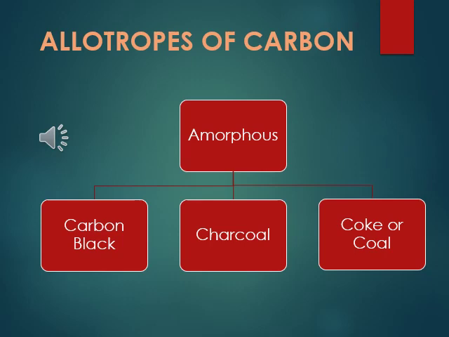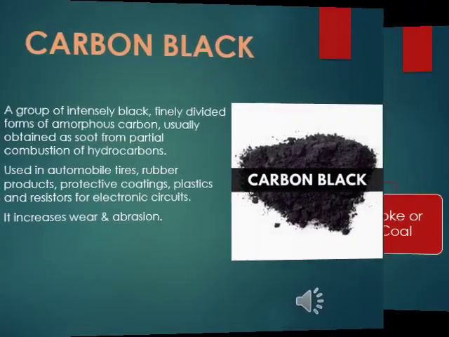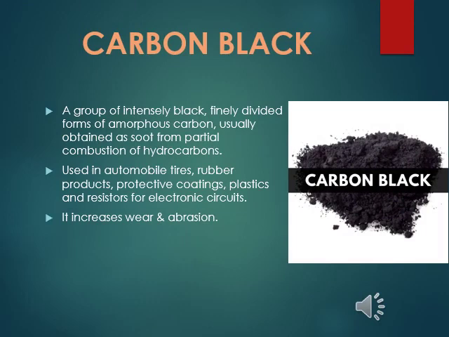After the crystalline ones, now we will learn about the amorphous forms of carbon. In the amorphous forms, we have carbon black, charcoal, and coke or coal. First we have carbon black, which is an amorphous form. So what is carbon black?